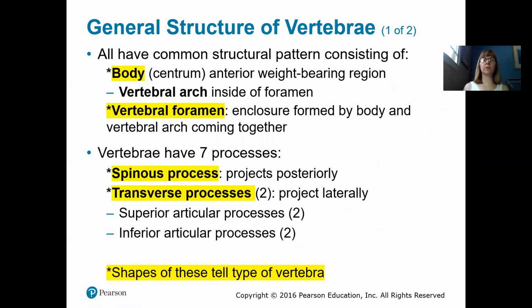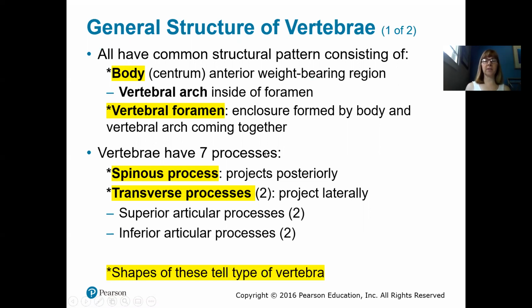All right, when you look at each individual vertebra, you want to be familiar with the terminology and the geography of each individual vertebra. So each vertebra has a body, and that is where most of the weight is in the body. And then they all have a foramen, and that's the hole through which the spinal cord goes through.